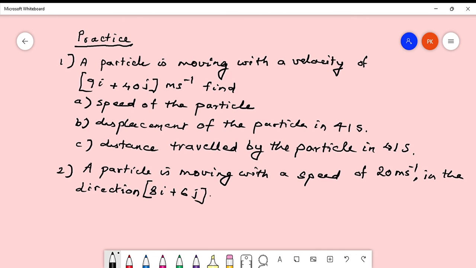Find first part, the velocity of the particle.